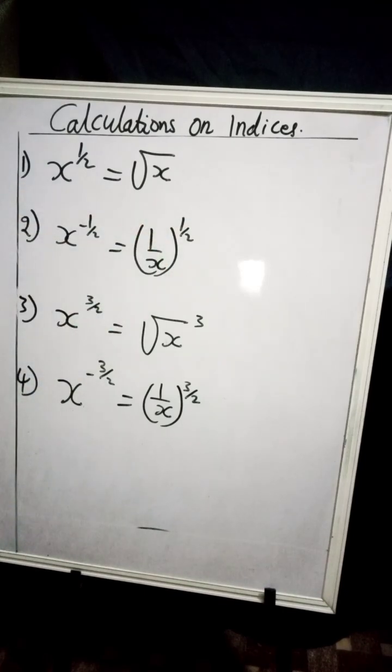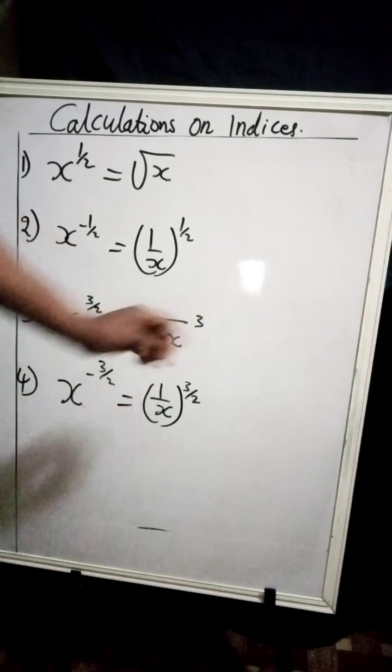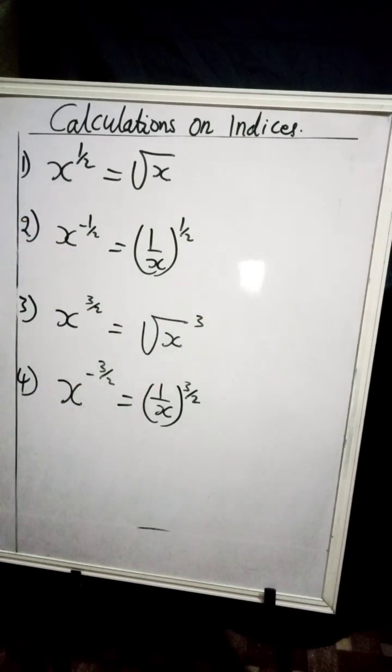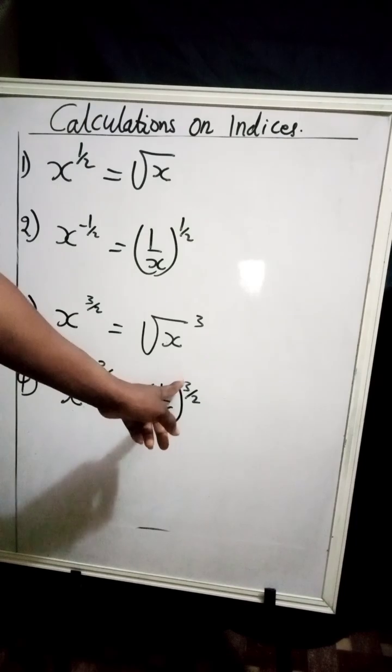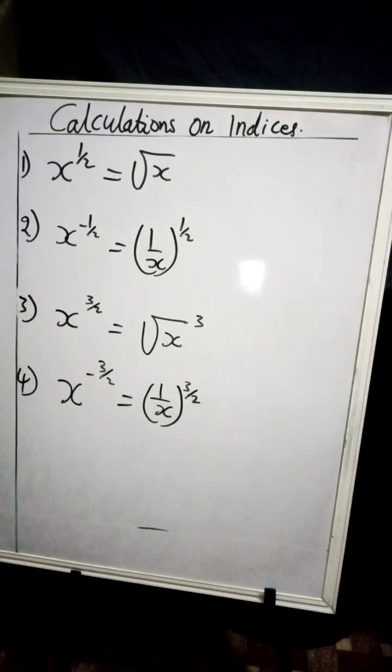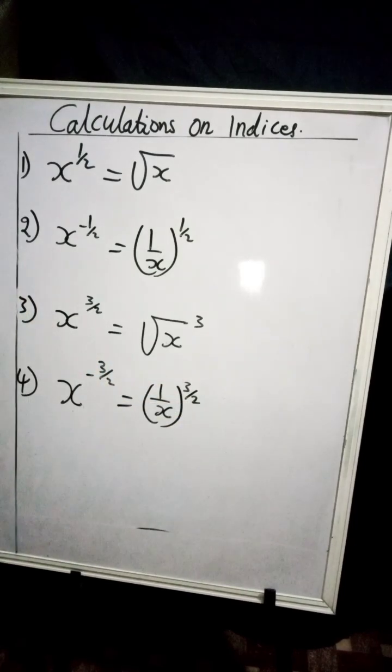When we have x to power 3 half, it is the same thing as root x to power 3. When we have x to power negative 3 half, it is the same thing as 1 over x to power 3 half. I hope this is making sense.